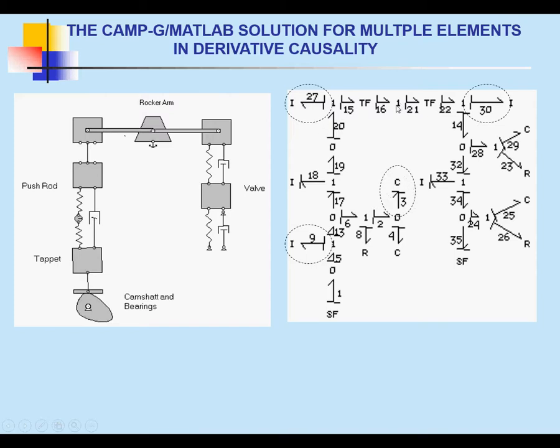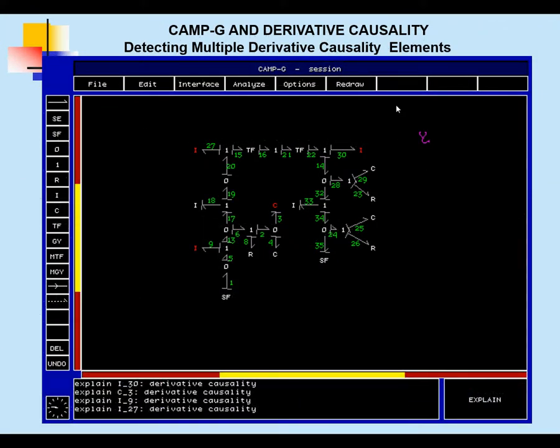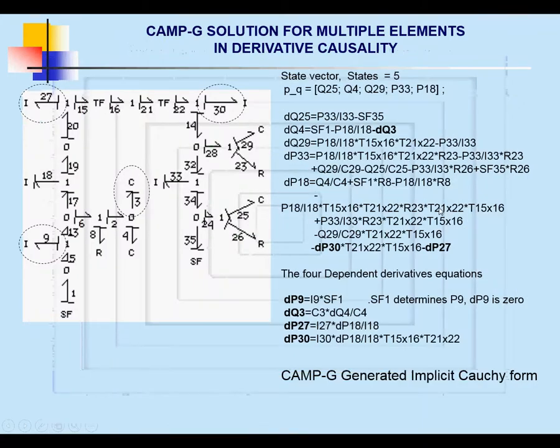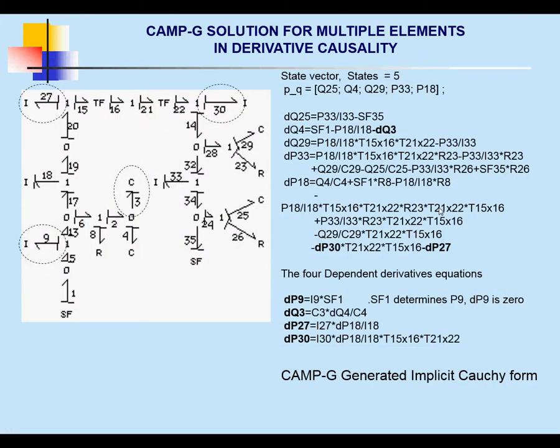So now we have real trouble. 3 derivative i's, 1 derivative c, 4 elements with derivative form. The method that I have proposed here to solve this holds. See, there it is. If you put it into the CAMG software, you have 1, 2, 3, 4 elements in derivative form.